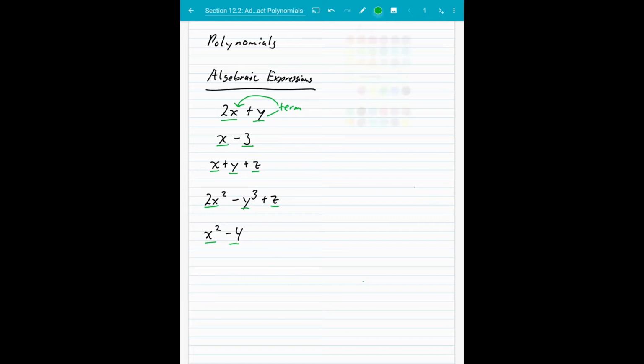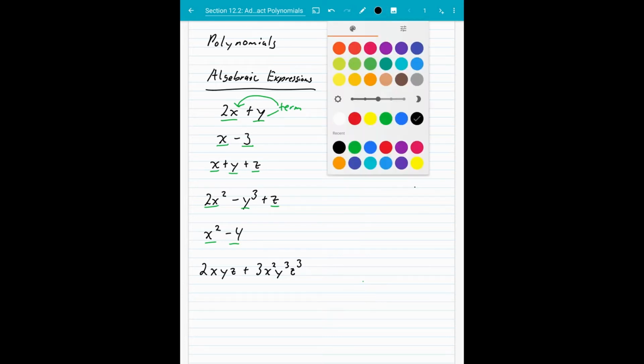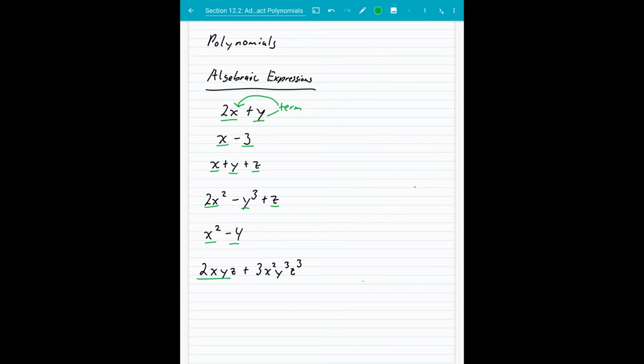If I still have a group of variables together, like 2xyz plus, say, 3x squared y to the third z cubed, each one of these whole entire things is considered a term. So a bunch of variables multiplying together make up a term, with a coefficient in front or without one.